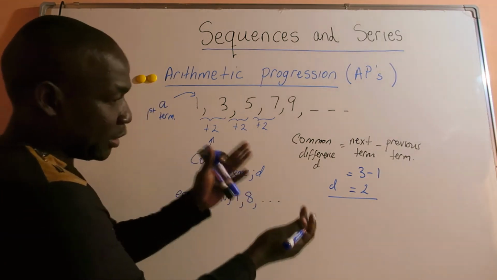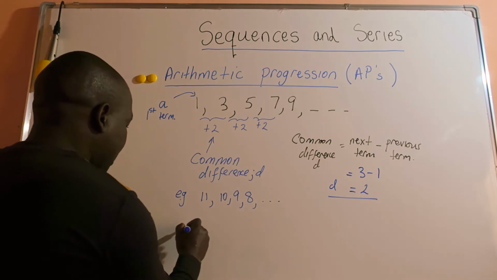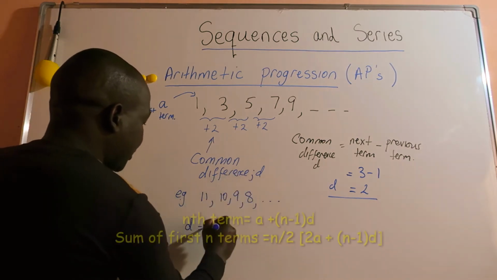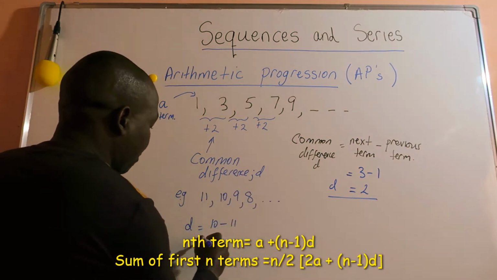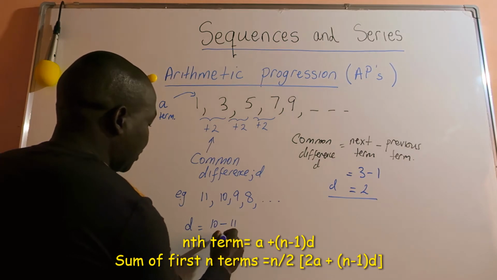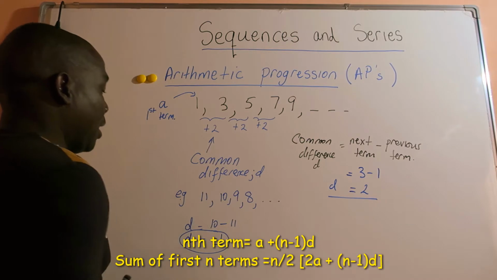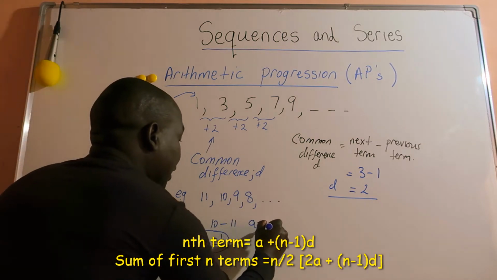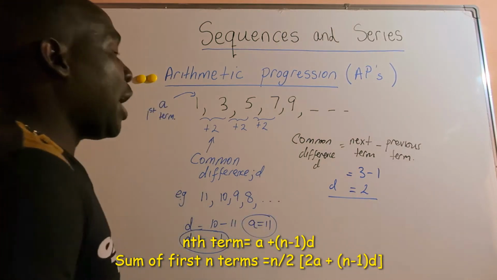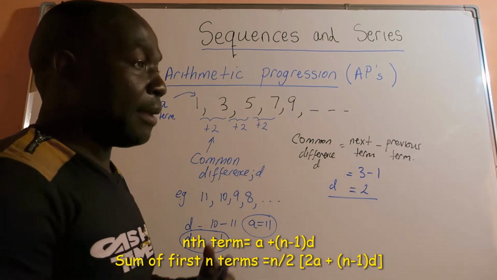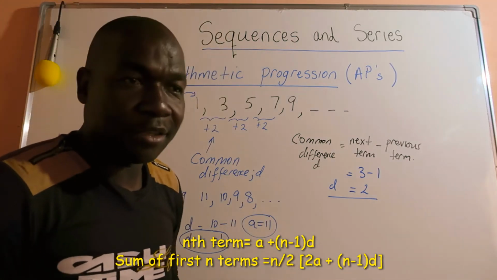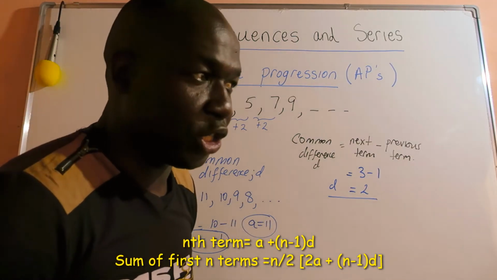Now I'm subtracting 1 to get the next term. How do I get my common difference? The next term minus the previous term, which is equal to -1. So D is -1 in this case, and A again is 11. So when you get the next term by either adding or subtracting, we call that an arithmetic progression.